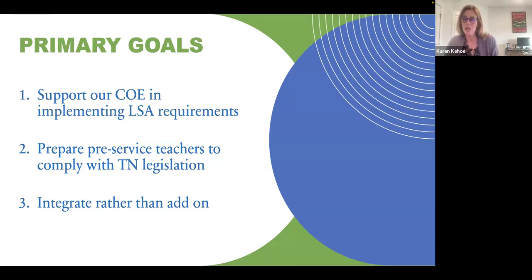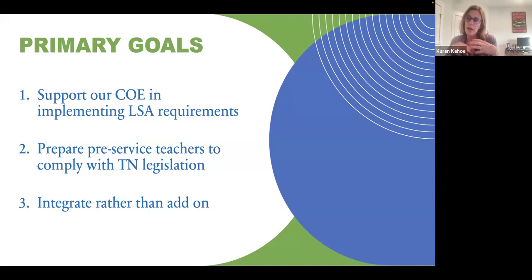Our College of Education is doing a really great job with the most recent NCTQ report that came out. MTSU's elementary and special education program got an A+ in their foundational skills, and they're doing a great job. We were not trying to say, now you've got to do this, right? It's like, is there a way that we can take the courses that they have already built, that are already getting a lot of good feedback and really preparing these pre-service teachers very well?